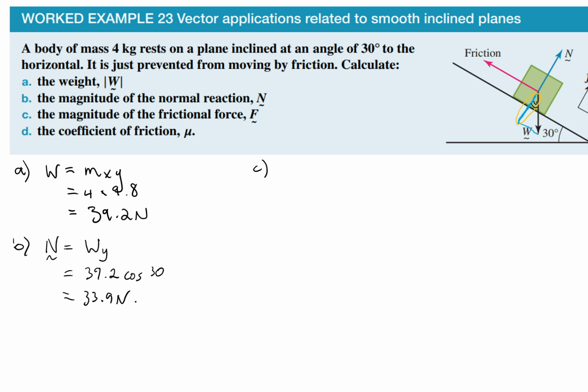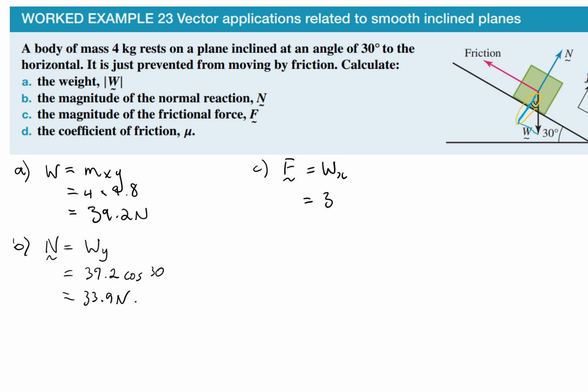So the frictional force in pink over there needs to balance out the component of the weight force, which runs parallel to the slope, or the i vector. So now we need to address F as it equals the x component, or horizontal component, of the weight vector.